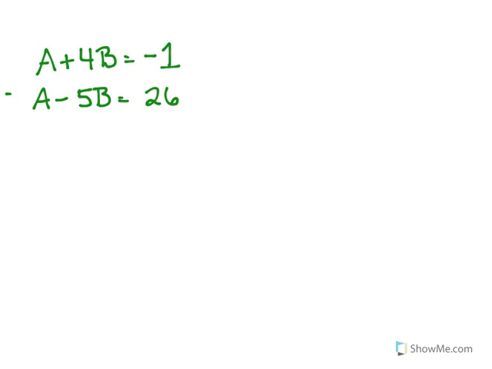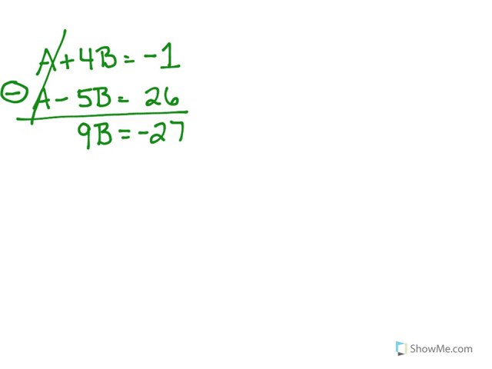If I go ahead and subtract these two equations from one another, the a's will cross off, and I'll be left with 4b minus negative 5b is 9b. Negative 1 minus 26 is negative 27. So b must be negative 3.